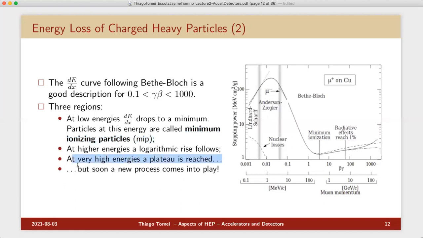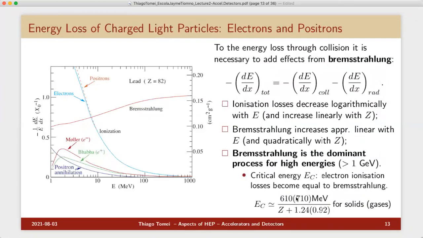But then at very high energies, you have a new process, which is these radiative effects here. And these radiative effects are reached only at extremely high energies for muons.